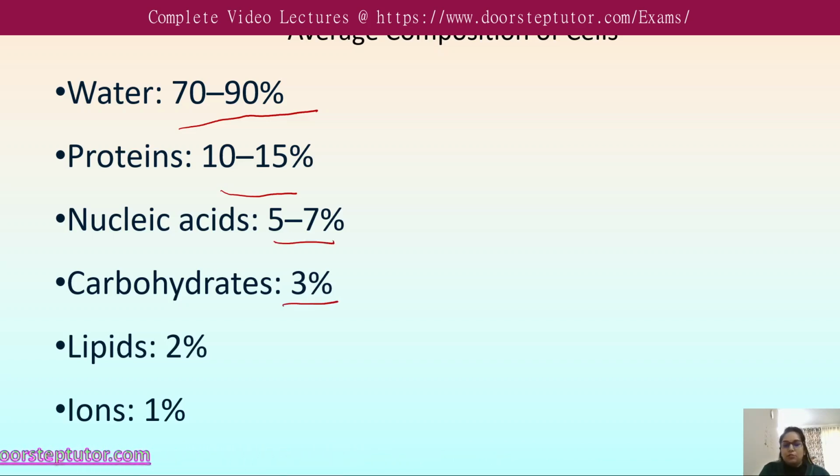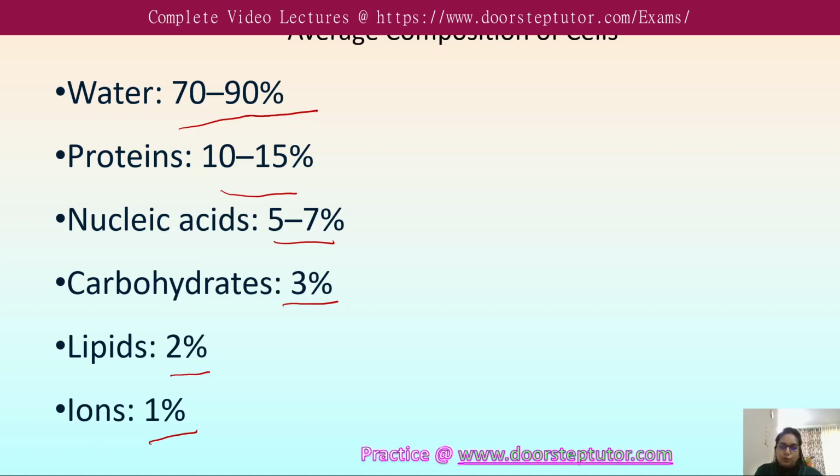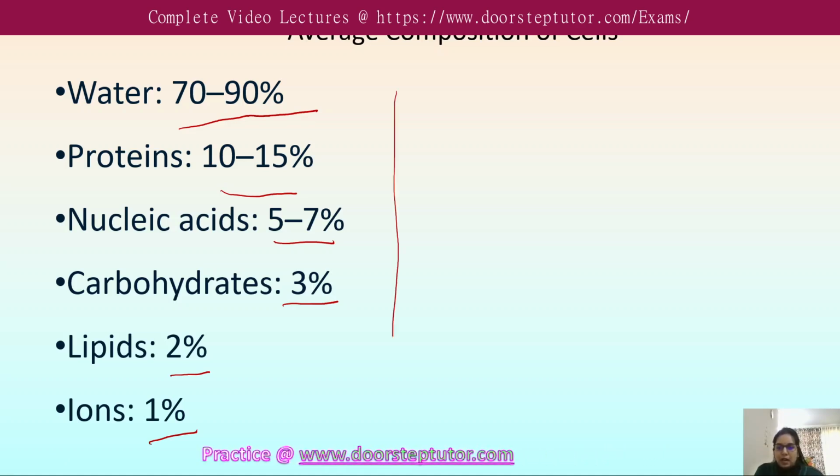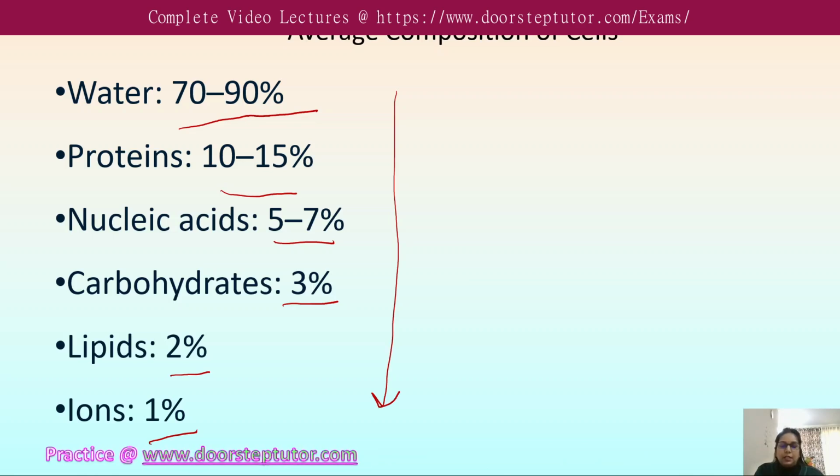Carbohydrate is 3%, lipid is 2%, and ions are 1%. In summary, if we represent the chemical composition of living tissues from the abundance point of view, arranged in decreasing order, we observe that water is the most abundant chemical in the living organism.